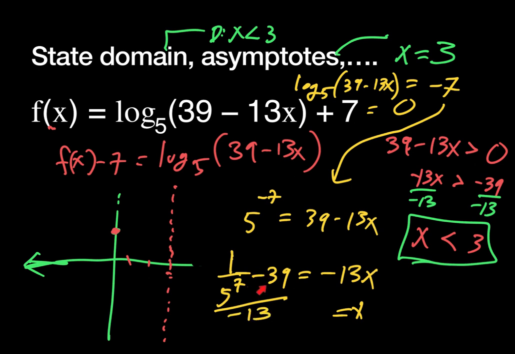This number here is negative. This is almost 0 minus 39. That's negative. But I'm dividing by negative 13. That'll be positive. So it will cross the x-axis somewhere here. It'll be just under 3.